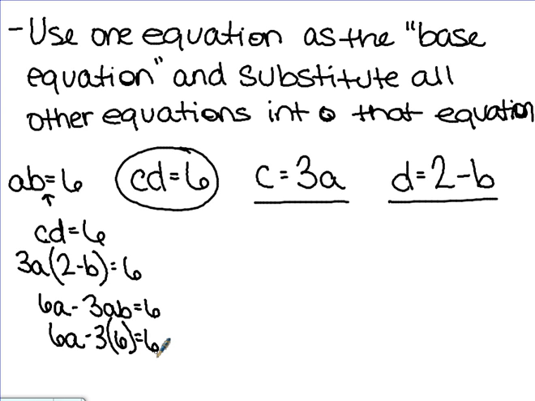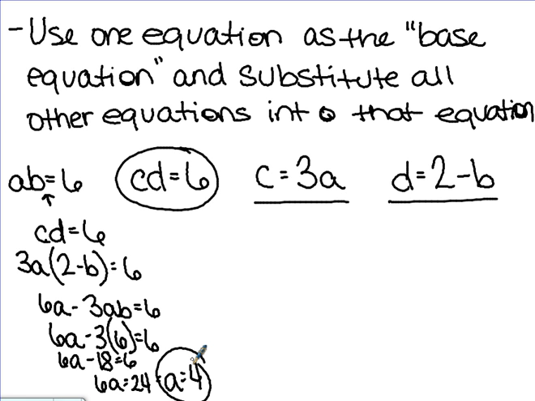Now I have one equation with one variable and I can solve for that variable. So 6A minus 18 equals 6. I can add 18 to both sides and I have 6A equals 24, which means that A equals 4. So I have now solved for one of my variables.